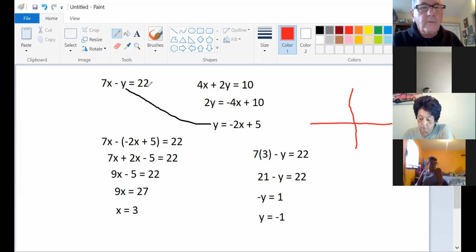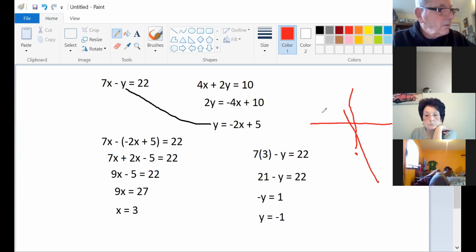So one of these lines goes like that. The other line is y is equal to minus 4x plus 10, and it crosses at 10.